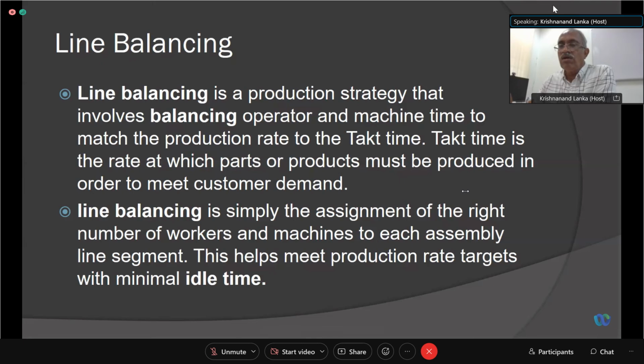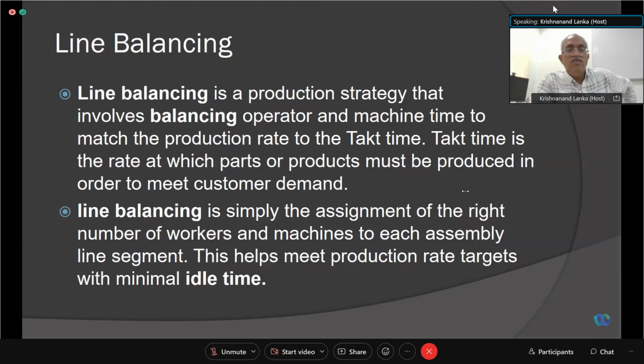So what the takt time should be is dictated by the customer demand or anticipated demand. How we calculate this takt time, we are going to discuss in the subsequent slides.